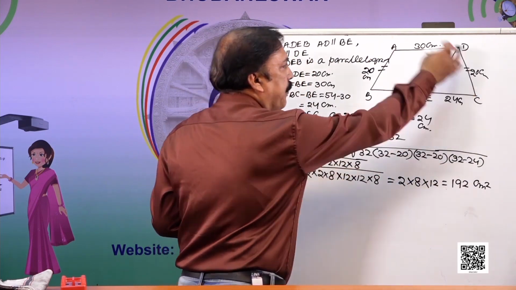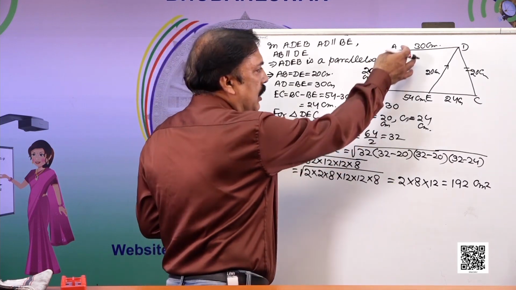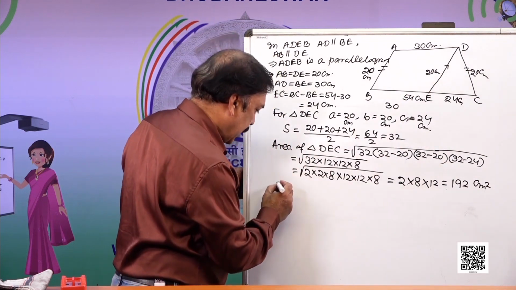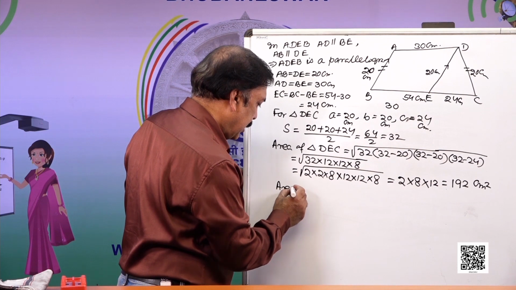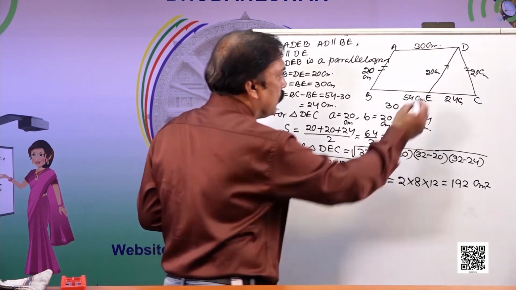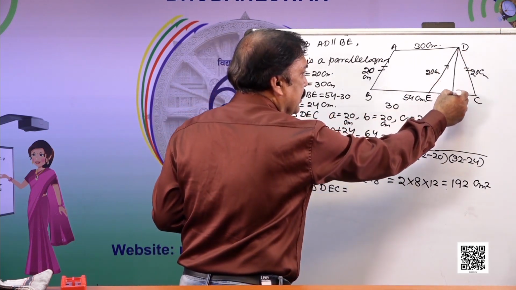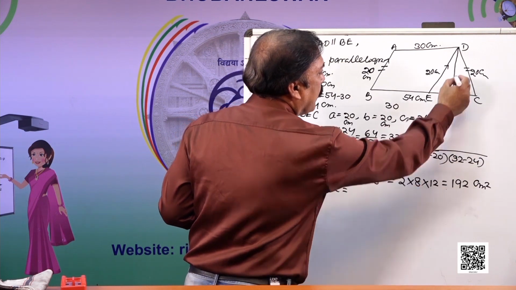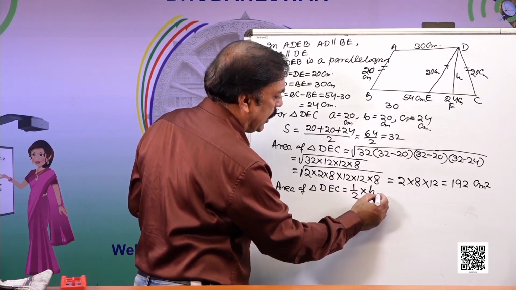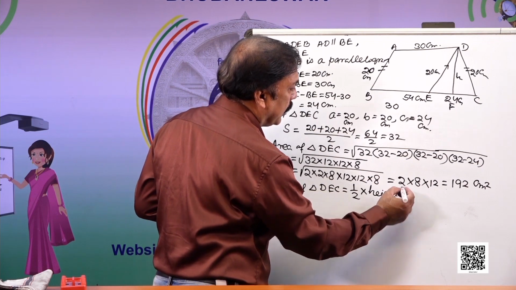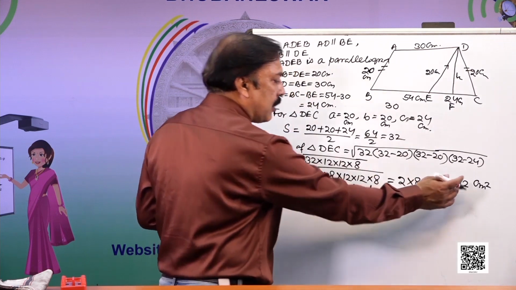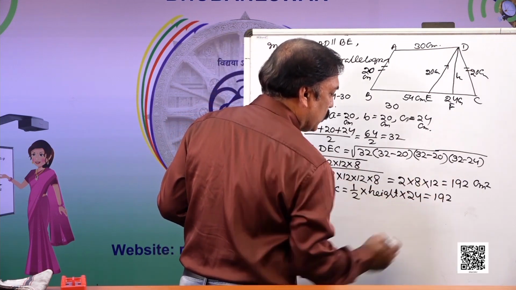To find the area of the trapezium, we need the height of the trapezium, that is same as the height of the triangle. So we can say that area of triangle DEC is equal to, say, if this height is DF, that is h, we can write half into height into base, which is 24, and this area is same as 192.